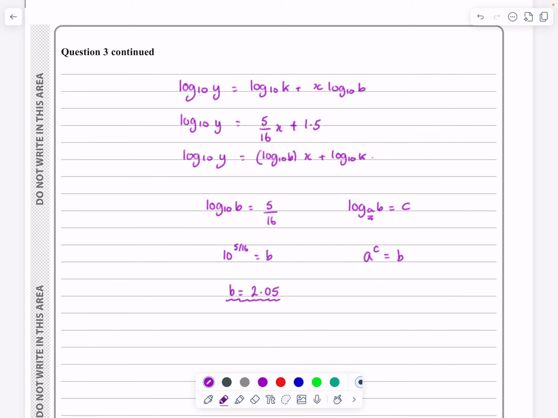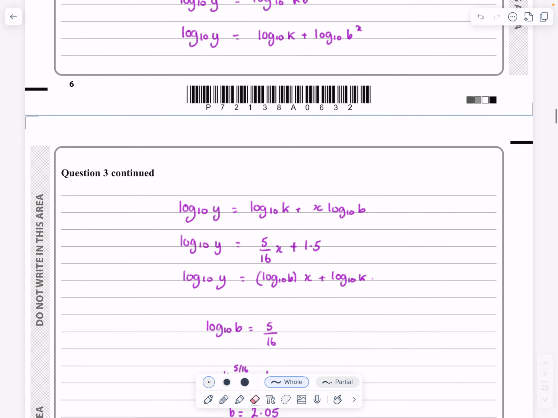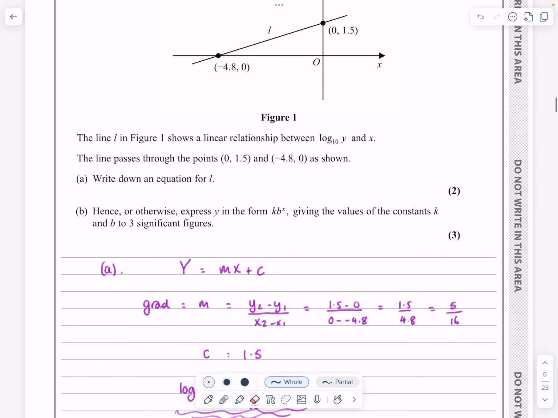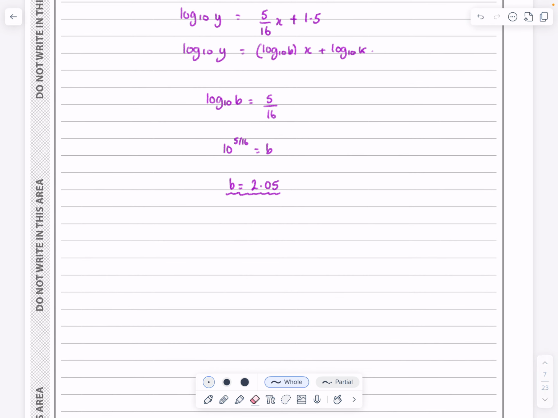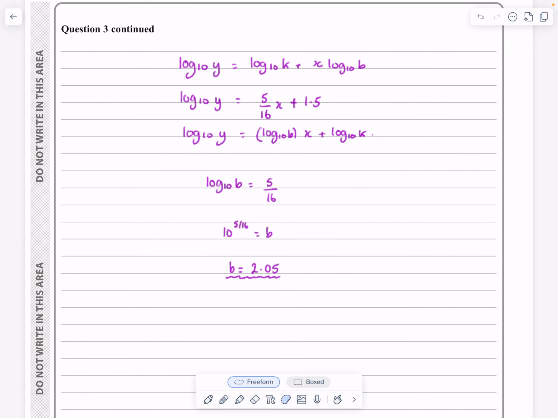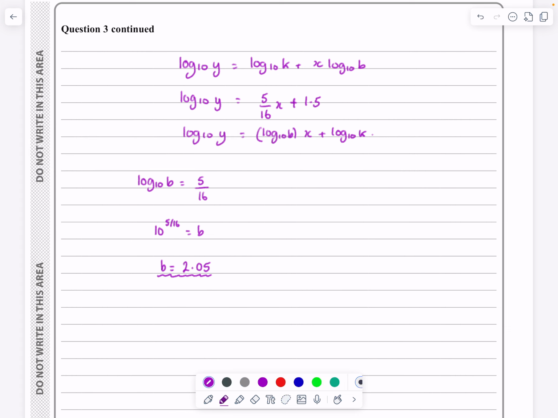2.05. For you guys, just go back, and it does say about 3 significant figures. So I found the value of b to 3 significant figures. I'm actually going to put it next to it. I normally tell students to write it underneath it, but here I can also say at the same stage that log 10k is 1.5, this bit and this bit are the same as each other.